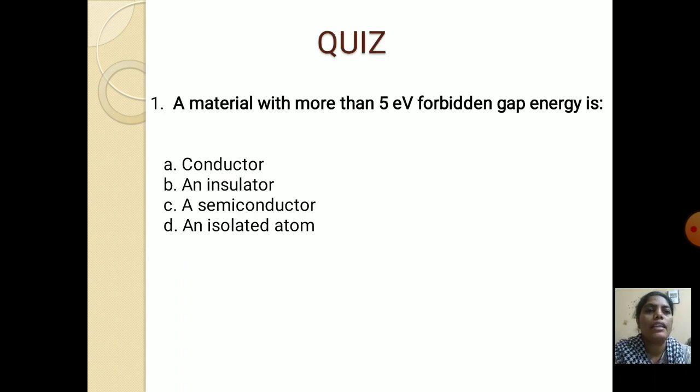A material with more than 5 electron volt forbidden gap, where the forbidden gap is more: is it a conductor, insulator, semiconductor or an isolated atom? It is an insulator.